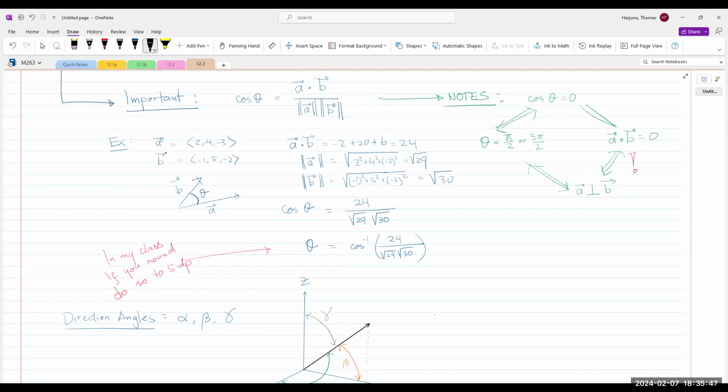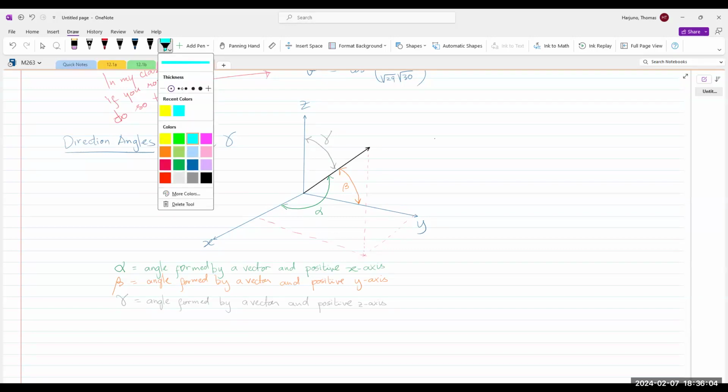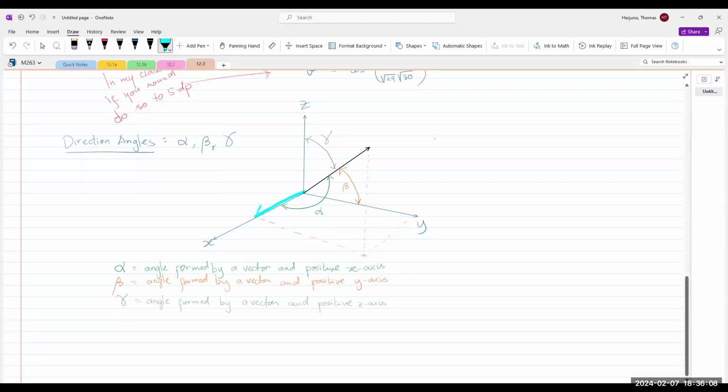How do I use the angle between two vectors to find the angle between a vector and a line, in this case an axis, the x-axis? So what you can do is, you know what, let me use this highlight instead. You find a vector parallel to the x-axis.